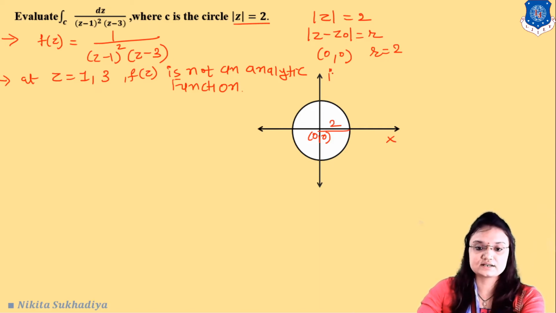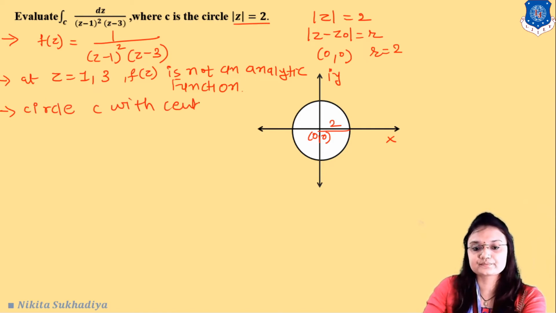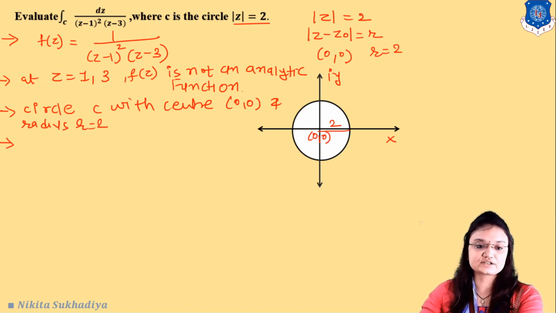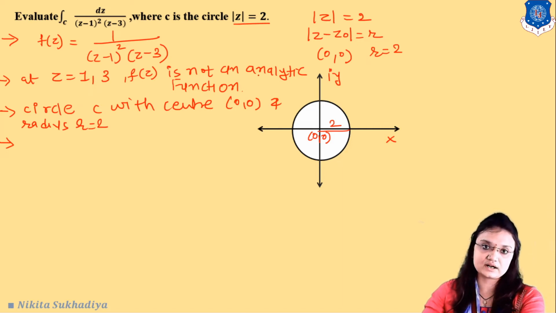Here x axis, here we have y axis, imaginary axis. So now here we have circle C with center point 0 0 and radius r is equal to 2. And here we have 2 points, z is equal to 1 and z is equal to 3, for which our function f of z is not an analytic function.